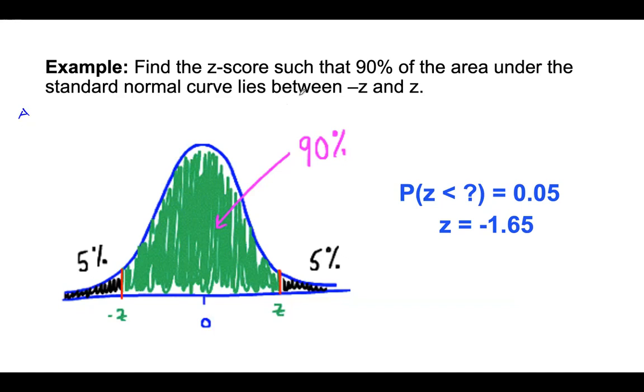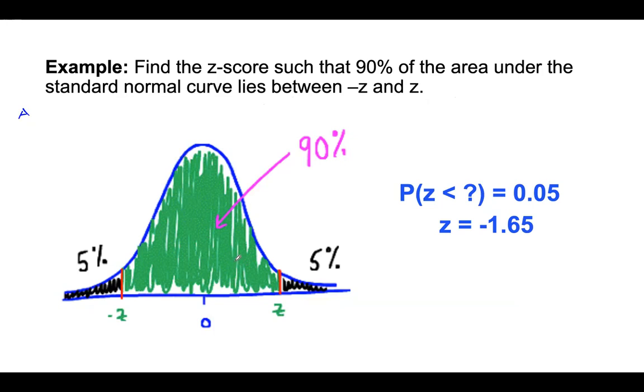Find the Z score such that 90% of the area under the standard normal curve lies between negative Z and Z. So we have negative Z to Z, and we're trying to find the Z. This area in here is 90%.